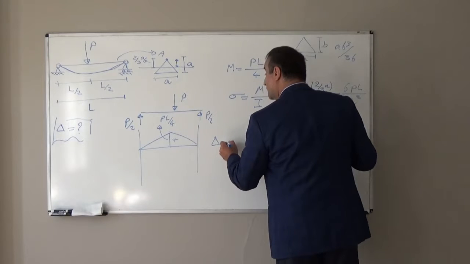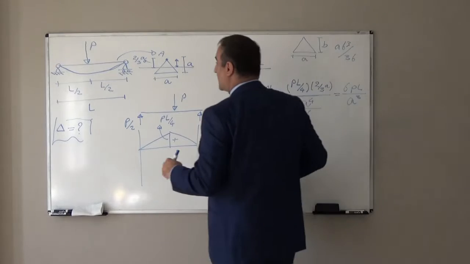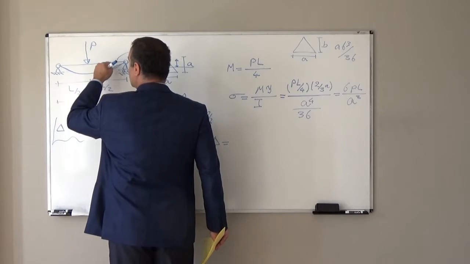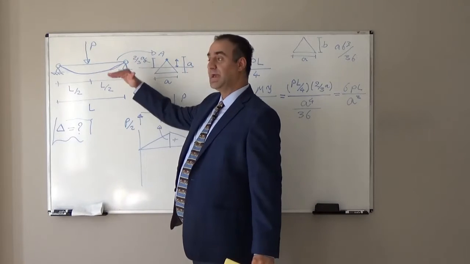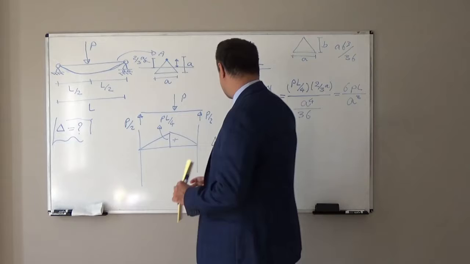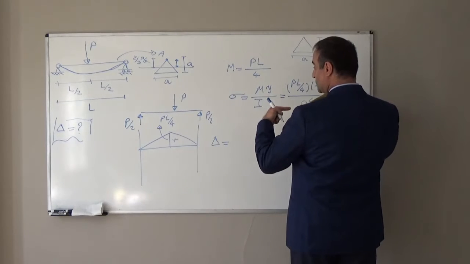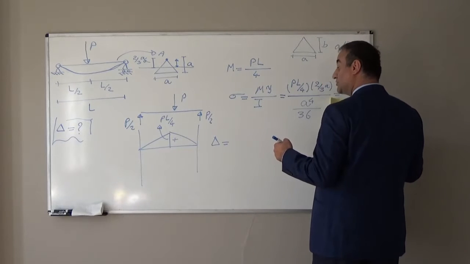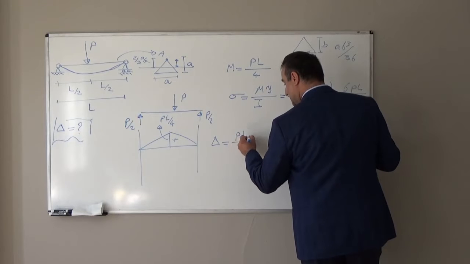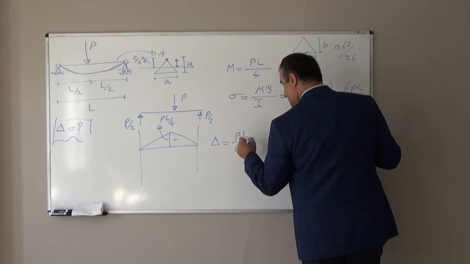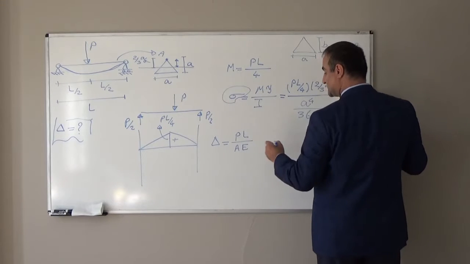Delta, the deformation in this fiber, or how much contraction we will have in the extreme fiber above the neutral axis, because that normal stress will produce the axial deformation, and we know that is equal to PL over AE, and P over A is the stress sigma.